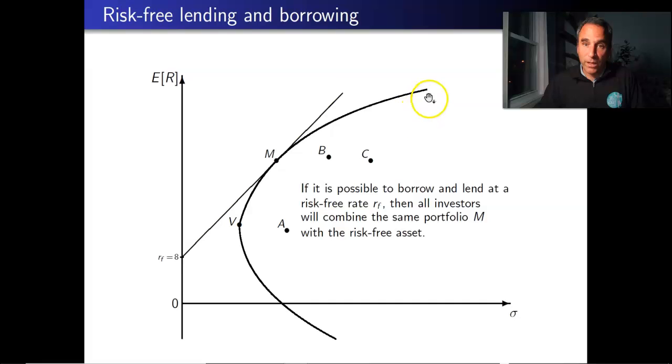Whatever is on the right-hand side of the curve here is feasible, is accessible.